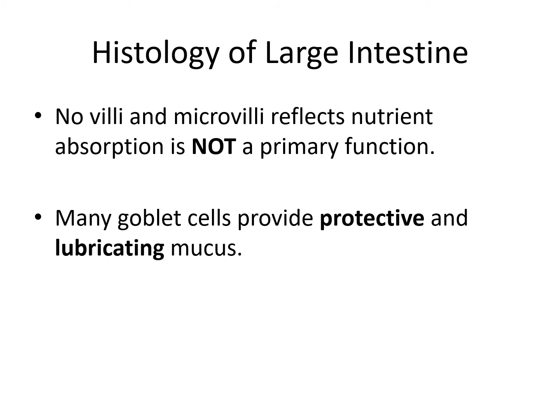So again, no villi or microvilli reflects that nutrient absorption is not a primary function. But having many goblet cells suggests that it produces mucus to provide a protective and lubricating function as the feces move through the colon and the rectum.